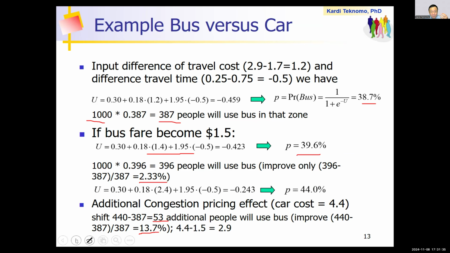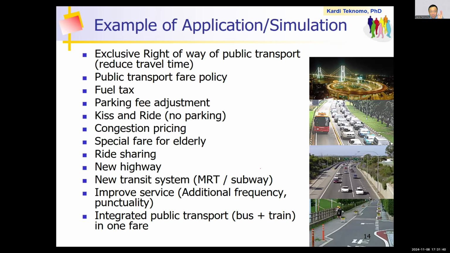So you can start to see the merit of using this. Now, with the same model, because you can input different variables, you can use it for different applications. You can simulate whether there is congestion pricing, whether you have a new highway or new transit systems, whether you have some fuel tax increase or decrease, and so on.